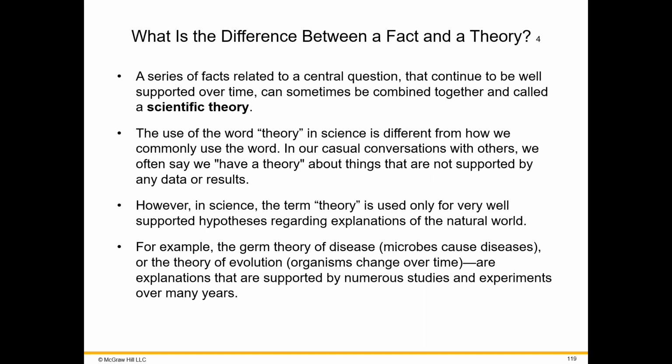Okay, the theory of relativity. The word theory is very casual for us in our everyday conversation, but that is not the case in science. So it's important to keep this in mind.